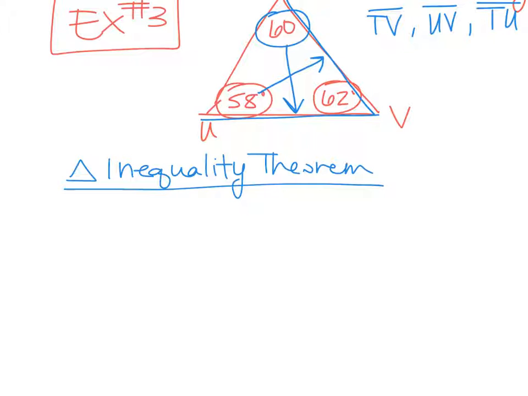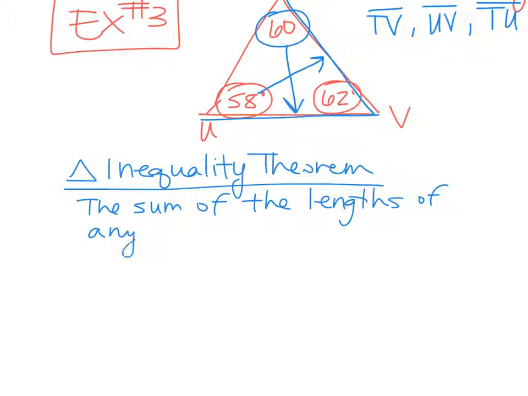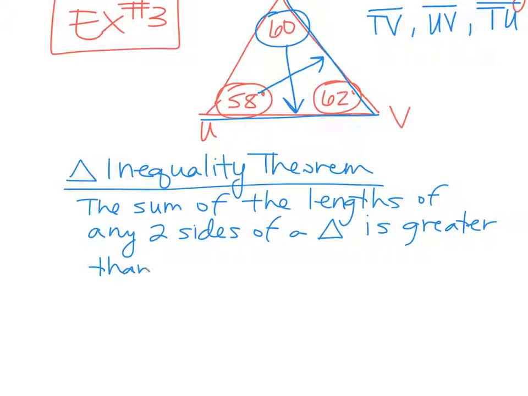It says the sum of the lengths of any two sides of a triangle is greater than the third side.